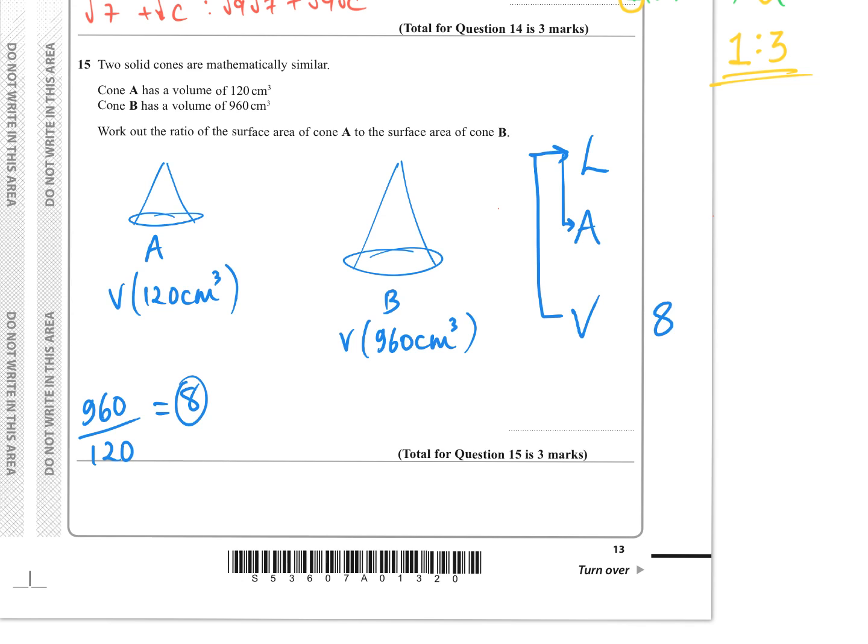So what does that mean? Well, if my volume scale factor is 8, then to get a volume I have to cube a length, don't I? So to get from a volume to a length I have to cube root. So if you do the cube root of 8, which you can do as this, or on your calculator, 8 to the power 1/3, you're going to get 2. And then what do you do to a length to get an area? Well, you square the units of length, don't you, to get areas.